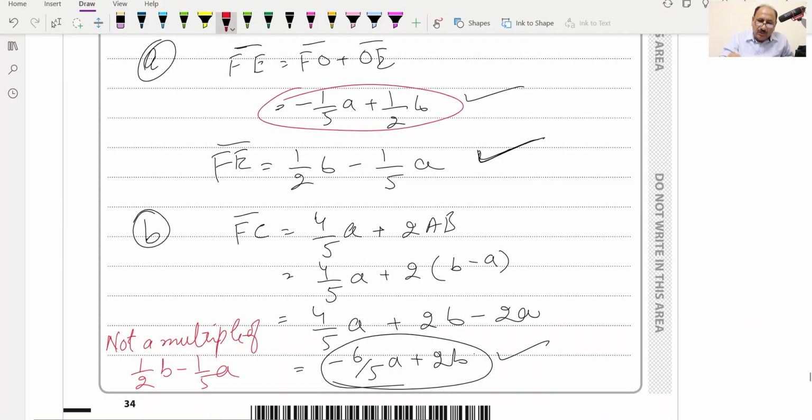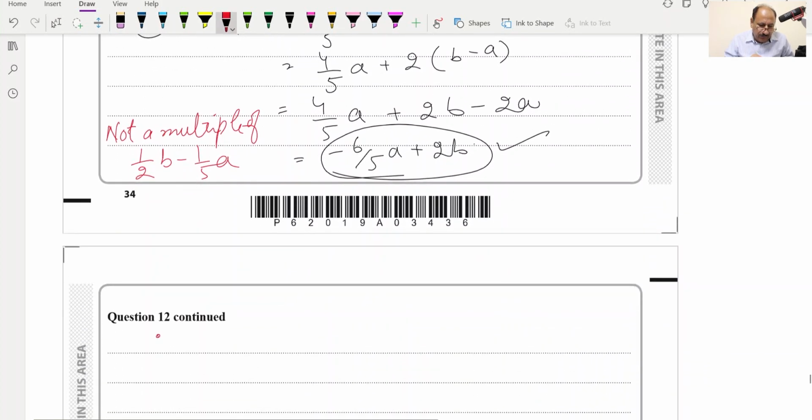So it's not a multiple of that, and therefore F, E and C are not collinear.